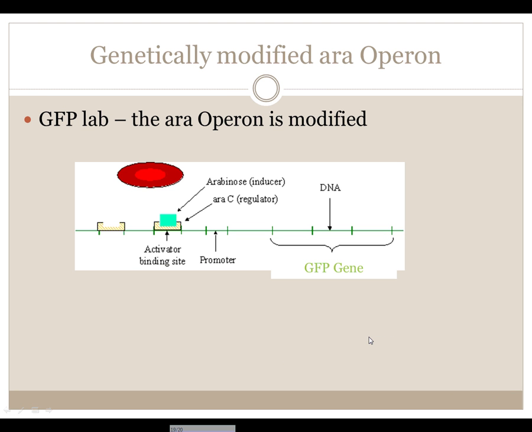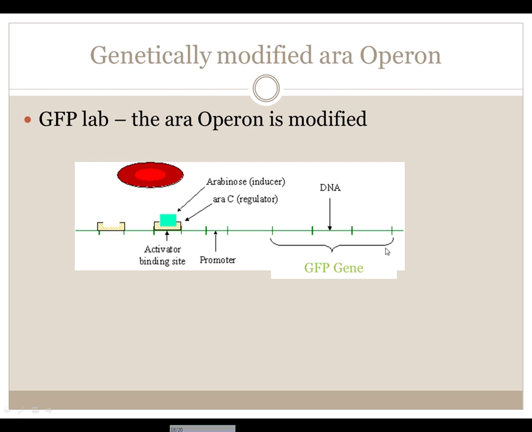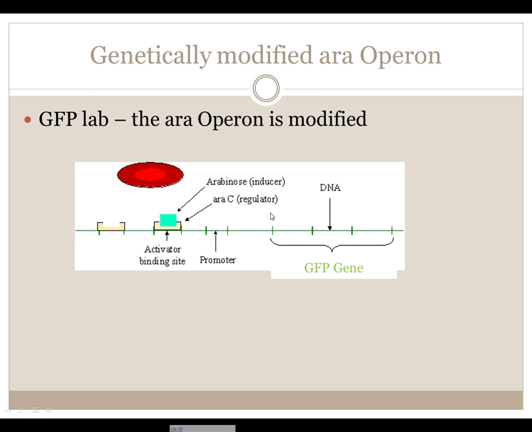And well, we didn't do that in our GFP lab. What we did in the GFP lab is, rather than have these genes RA, RB, RD, those were cut out, and those were replaced with a GFP gene right in here. So they cut that chunk out with restriction enzymes and replaced it with the GFP gene.